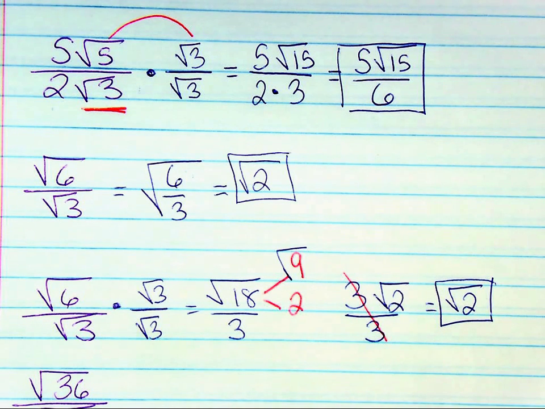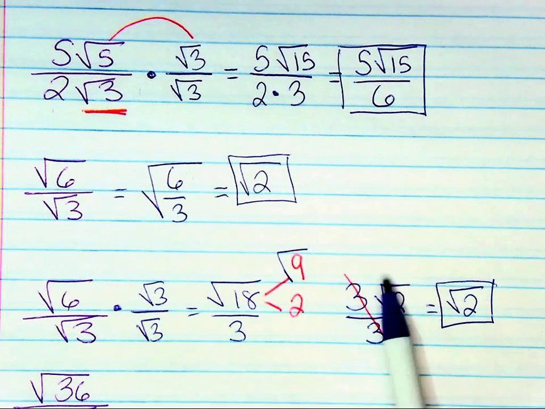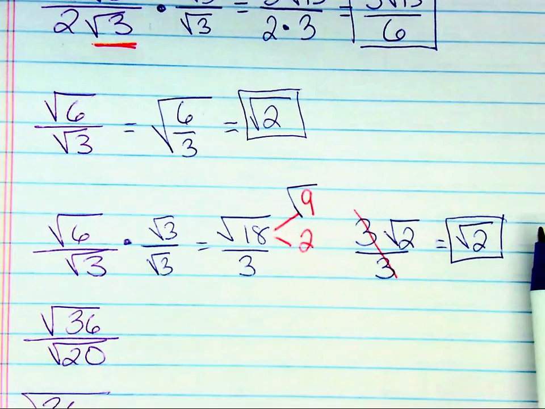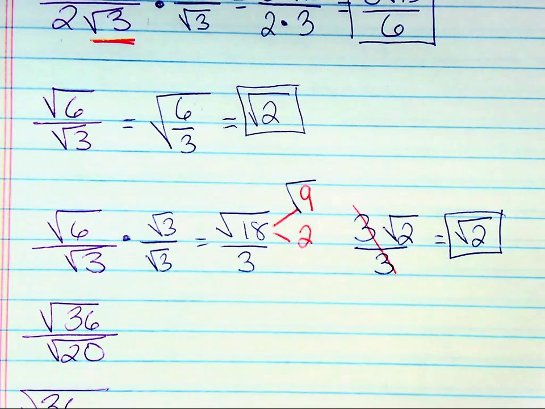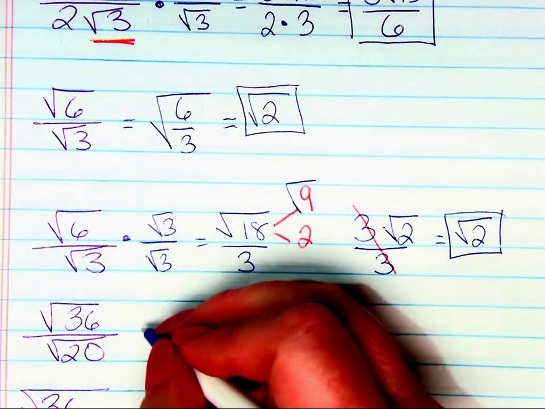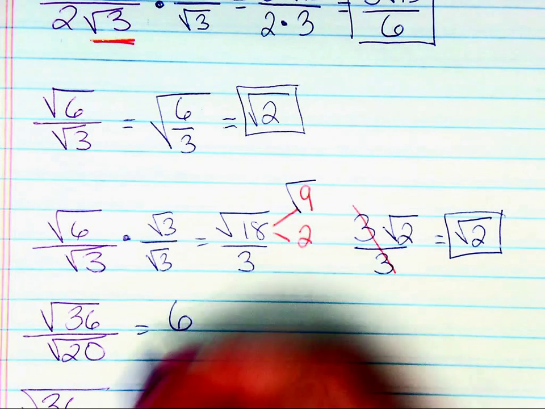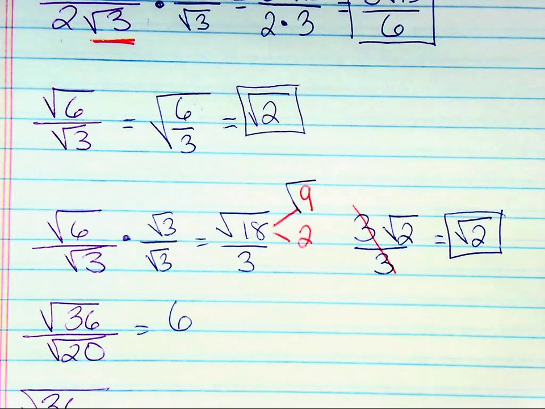It is very important when you evaluate problems to see where you can reduce before you multiply. For example, if I look at the square root of 36 over 20, the square root of 36 simplifies to 6. If I were to multiply by the square root of 20 times the square root of 36, I would get a very large number that I would then have to factor.